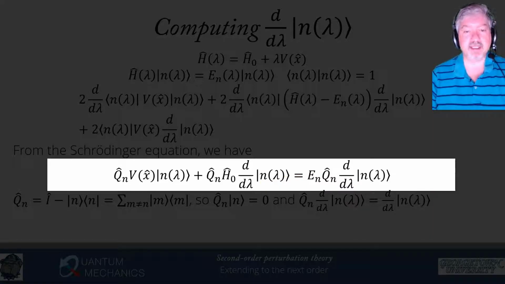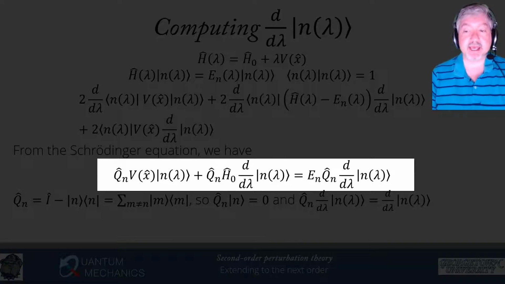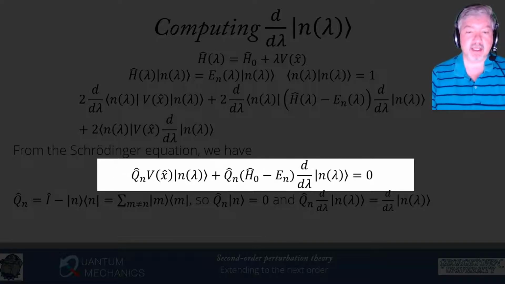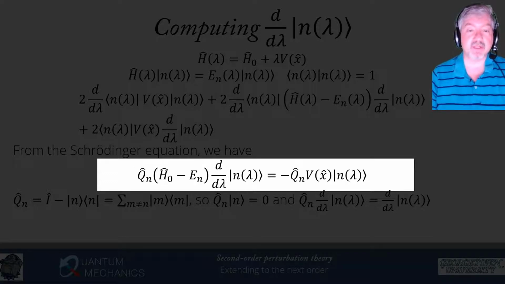I'm going to join together the term with the h0 and the term with the en, because they each involve a derivative of the ket n of lambda. So I'm going to bring those two terms together. And now I'm going to bring the term that has just the Qn v n of lambda to the right-hand side. I get a minus sign when I do that.